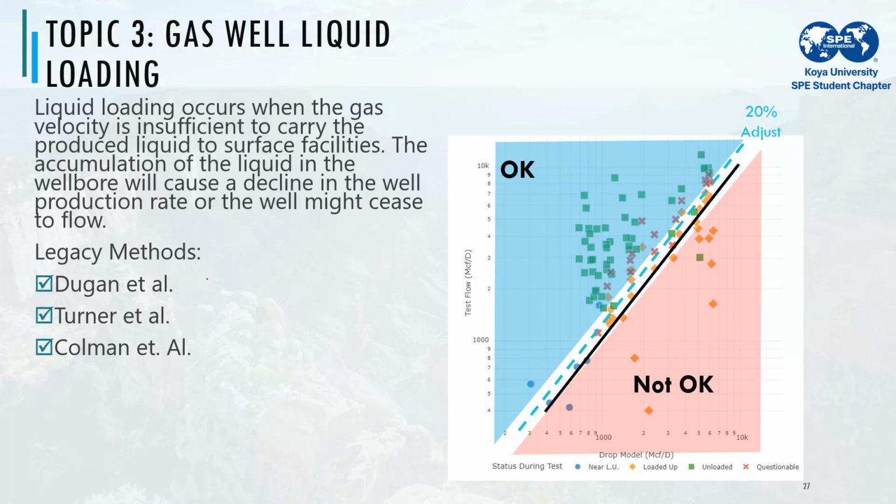They did a certain analysis on the data, and of course the analysis was very primitive back then. They concluded that if the gas flow rate is more than something called the terminal velocity, then we can consider the well is unloading or producing properly.